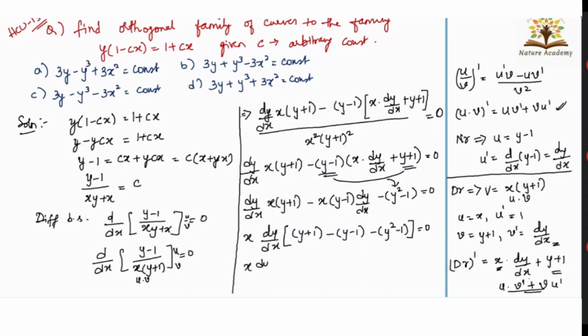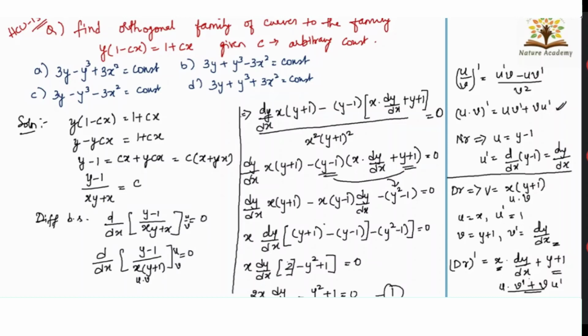Now, x into dy by dx into, my y will get cancelled and 1 minus of minus 1 will become 2, minus y square plus 1 equal to 0. Now, 2x dy by dx minus y square plus 1 equal to 0.